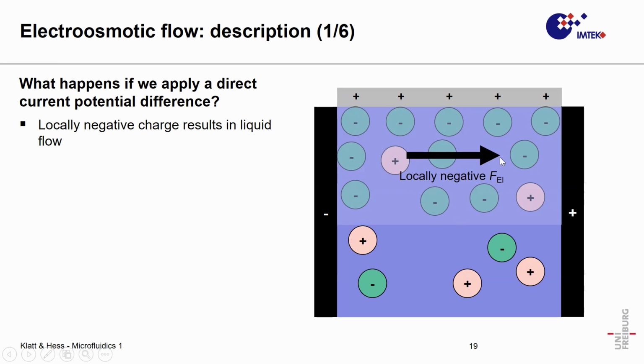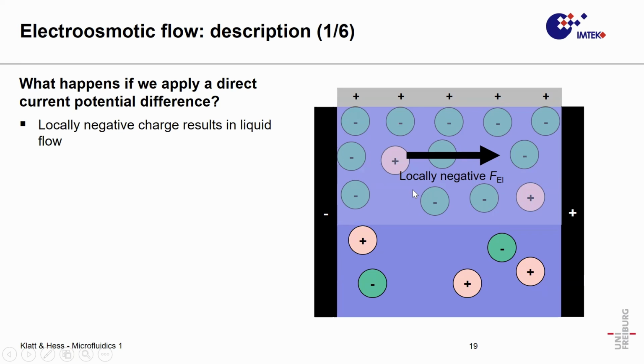The area close to the wall will be locally negatively charged, whereas the bulk solution will have a neutral charge. And this local negative charge is attracted by our positively charged electrode. This then results in a force directed toward the positively charged electrode.